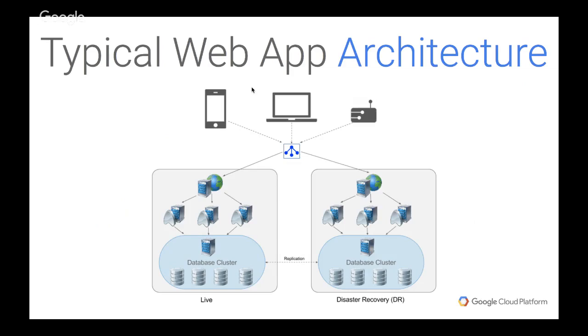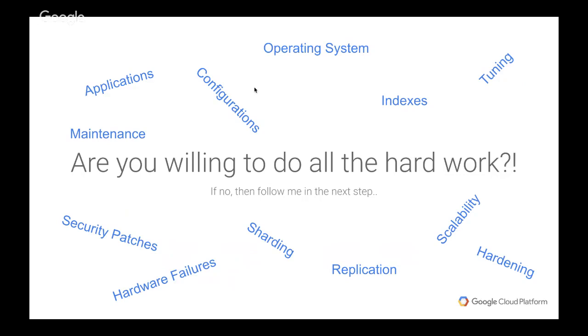In this case, we have to worry about many things: operating system updates, database indexes, security fixes, application maintenance, configurations, data sharding, data replication, scalability, hardening, and a lot more.